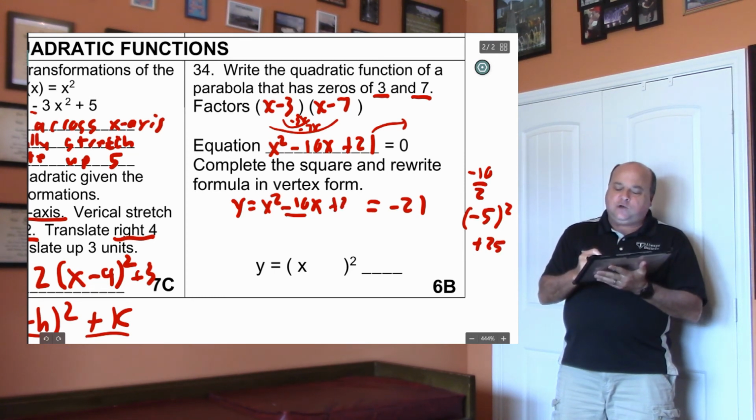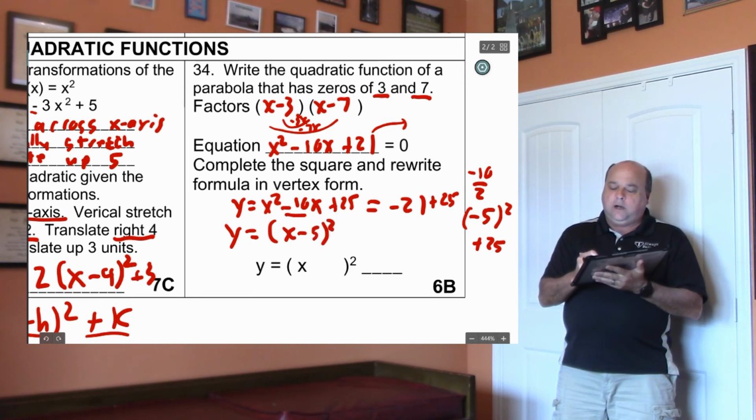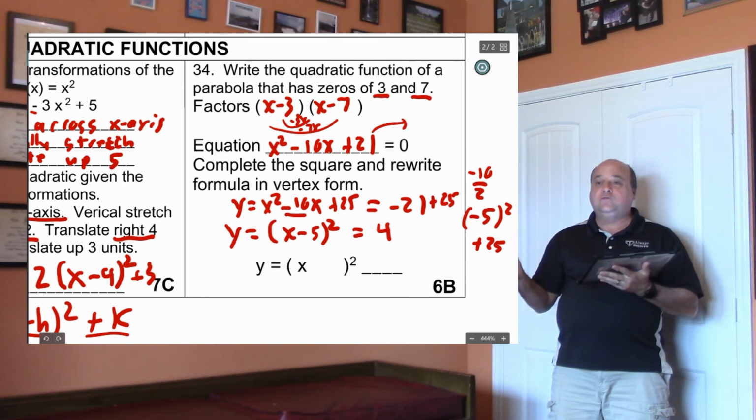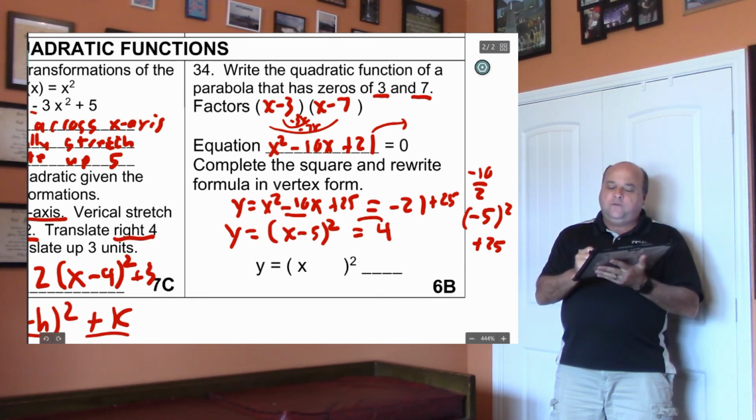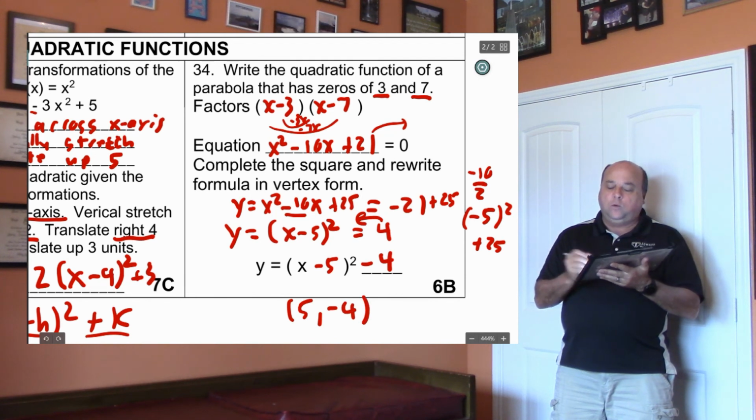So I'm going to add 25 to both sides. Now then, this is a perfect square now. This is going to be x minus 5 squared equals 4, right? Negative 21 plus 25. Move the 4 across, and bam, I got my vertex form. The vertex would be 5 comma negative 4, wouldn't it?